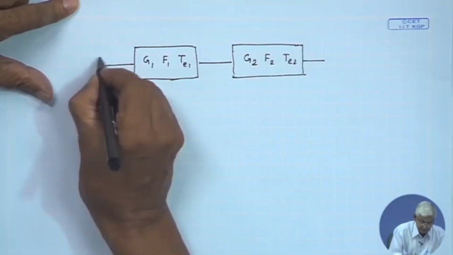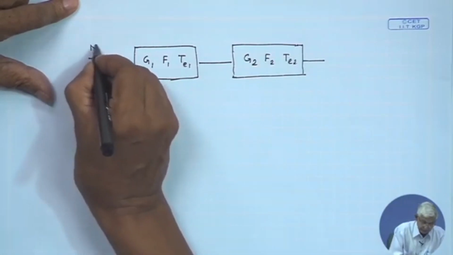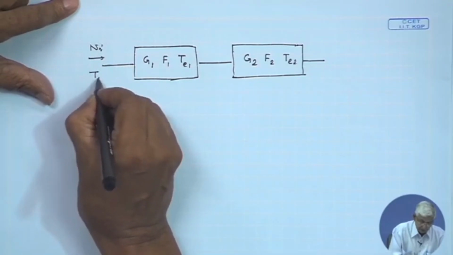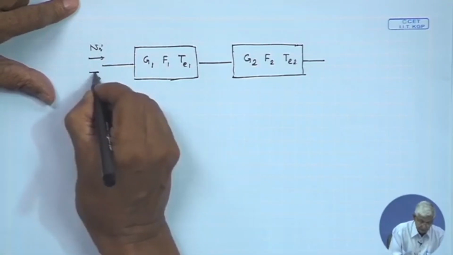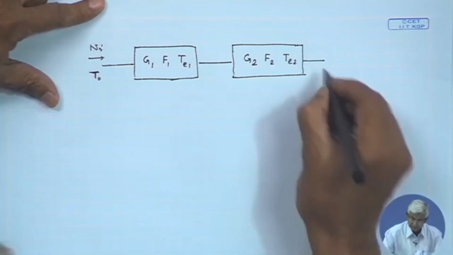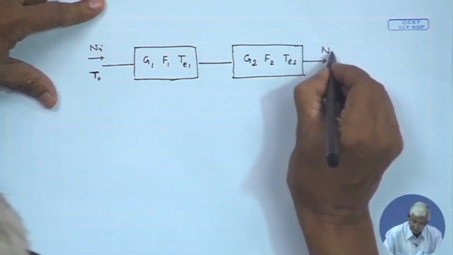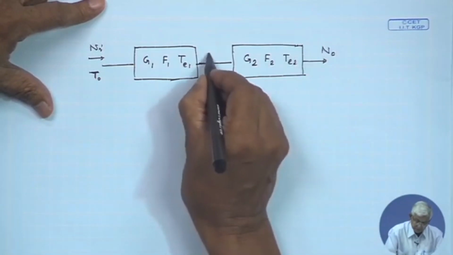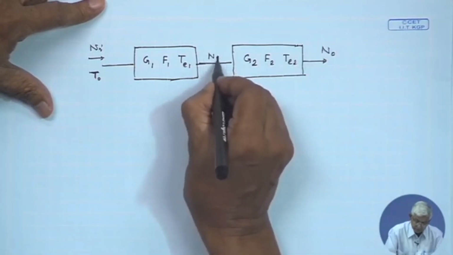These two are cascaded, where there is a noise power coming in at the input with the normal temperature T0, and this goes out as a noise power NO. For the first stage, the output noise power, let us call N1.